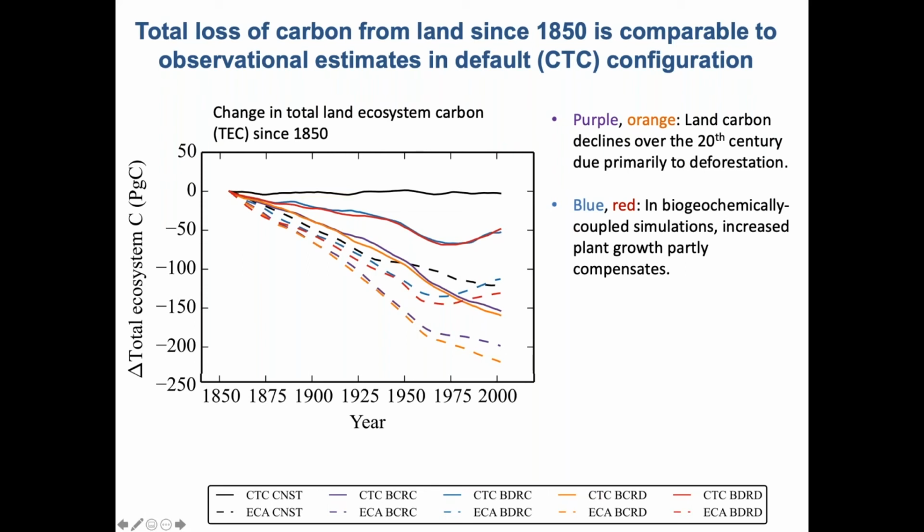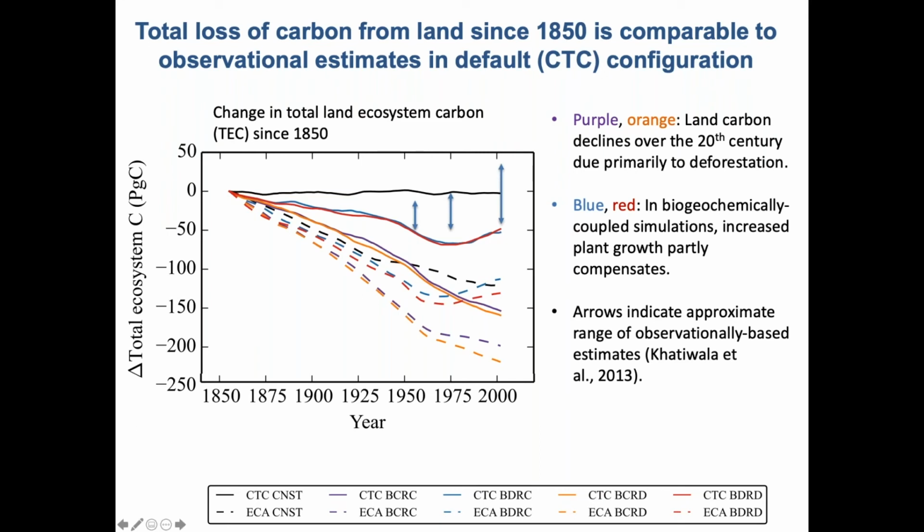And so in these simulations, you have increased plant growth because of carbon fertilization, which we saw earlier in the GPP plot. So this partly compensates for the loss of carbon due to deforestation, and you get this U-shaped curve. And this kind of shape of a curve, where you have a loss into the mid-20th century and then an increase again in the later 20th century, is supported by observations.